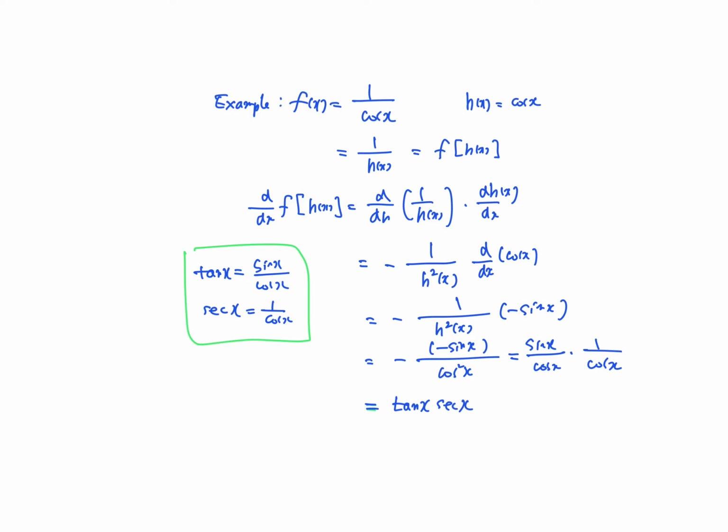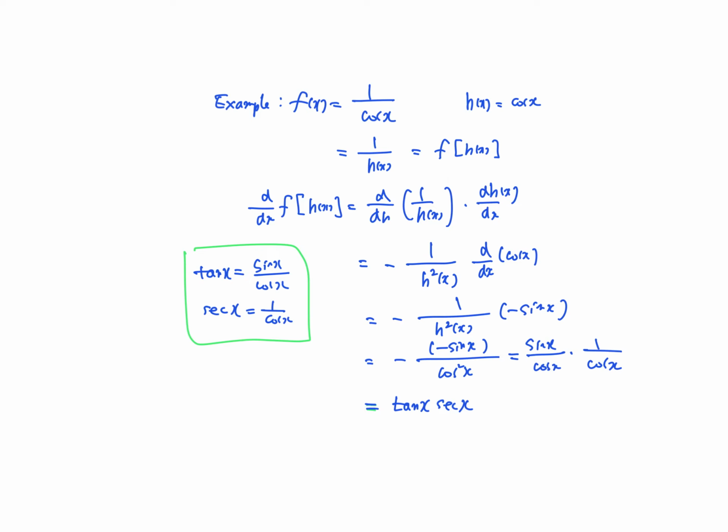If you just follow the rule for the composite function derivative, when f is 1 over cosine x, you regard cosine x as some function h. And 1 over h, if you differentiate with respect to h first, and then you take the derivative of h.